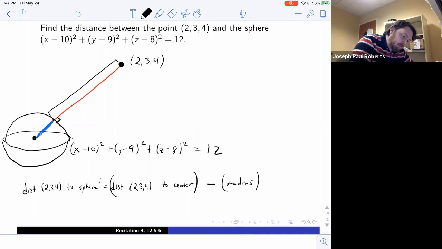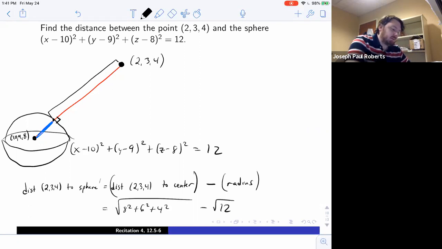So that's going to be, well, the center is 10, 9, 8, like we said. So this is the square root of 8 squared plus 6 squared plus 4 squared, minus the radius, which we look at the equation and see is the square root of 12. So that equals square root of 116 minus square root of 12.